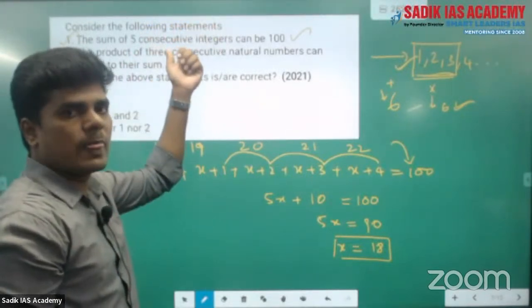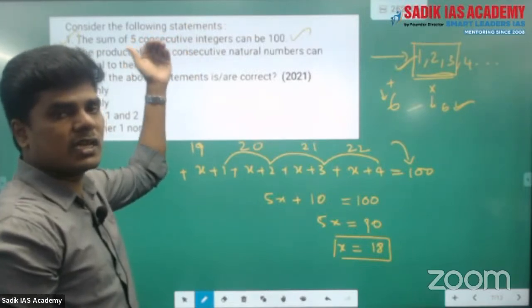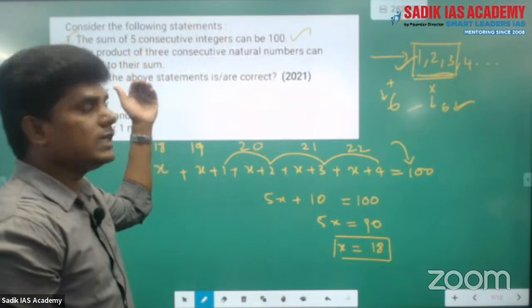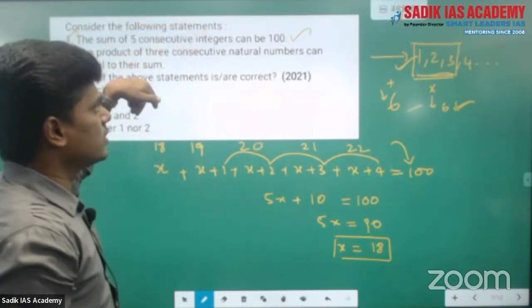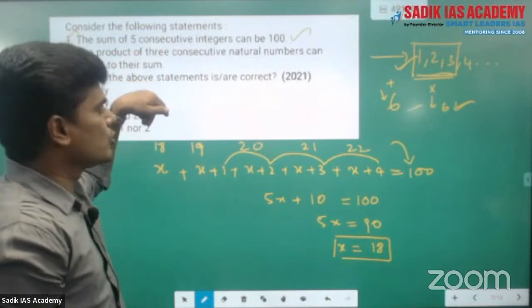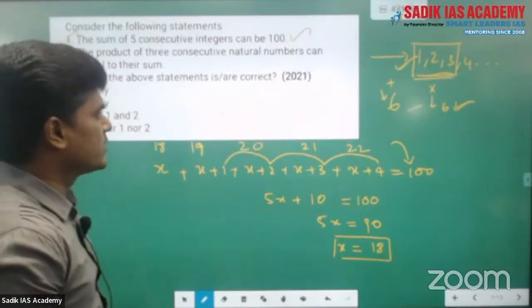In the previous sum, we were just cross verifying the statement based on the options. Here, the statement itself we are verifying. This is another method we can use to approach math problems. So this is the next method.